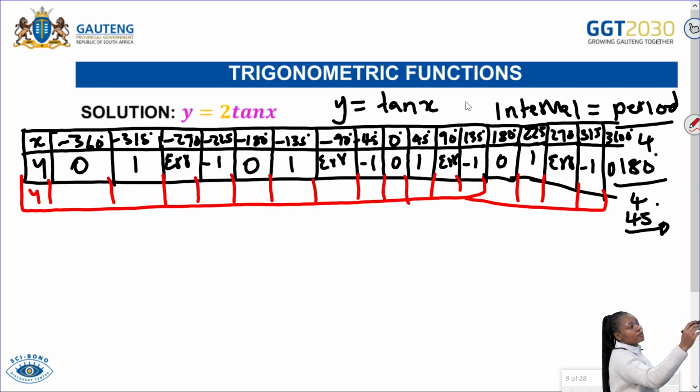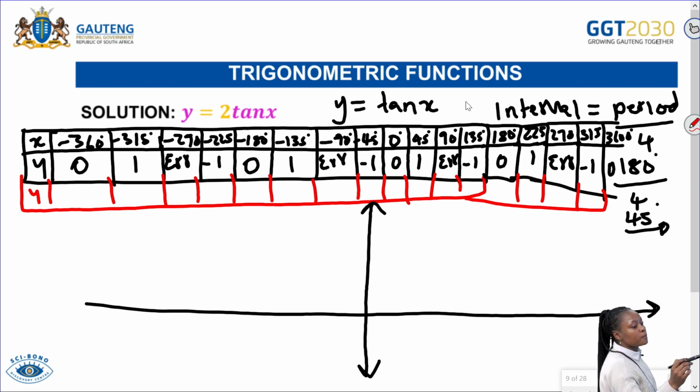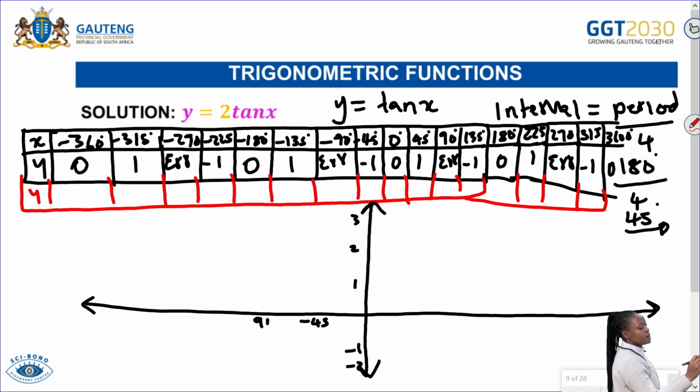our graph. So you have negative 1 and negative 2. You have 1, 2, and 3. Negative 45, you have negative 90. The spaces won't work. Negative 45, negative 90.